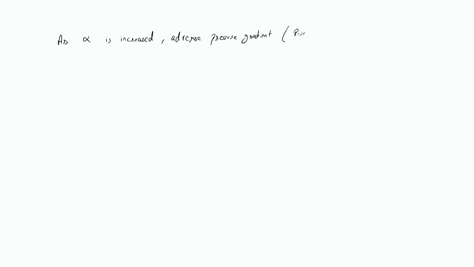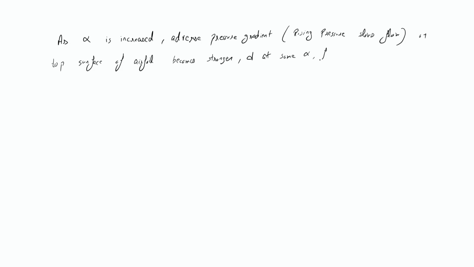Rising pressure slows flow on the top surface of the airfoil. So the adverse pressure gradient on the top surface of the airfoil becomes stronger, and at some alpha the flow separates.